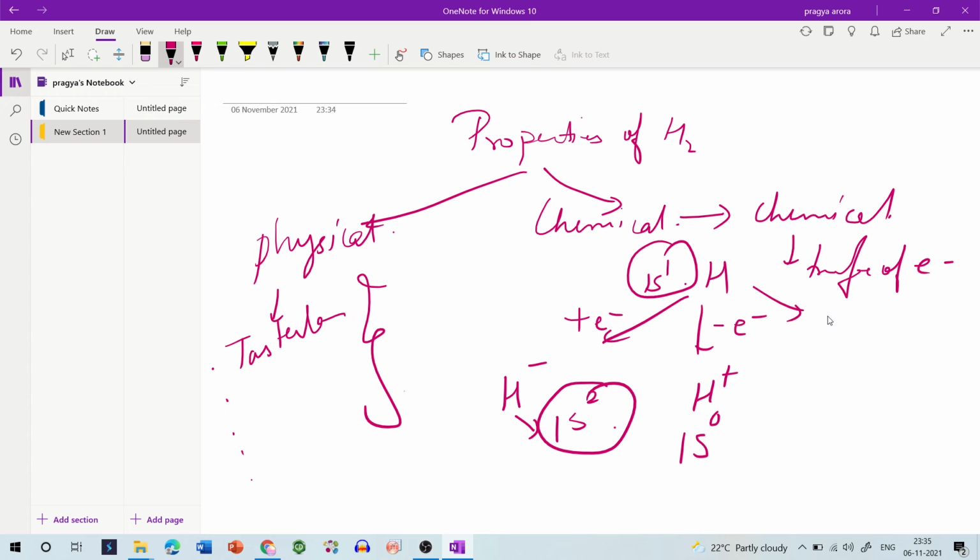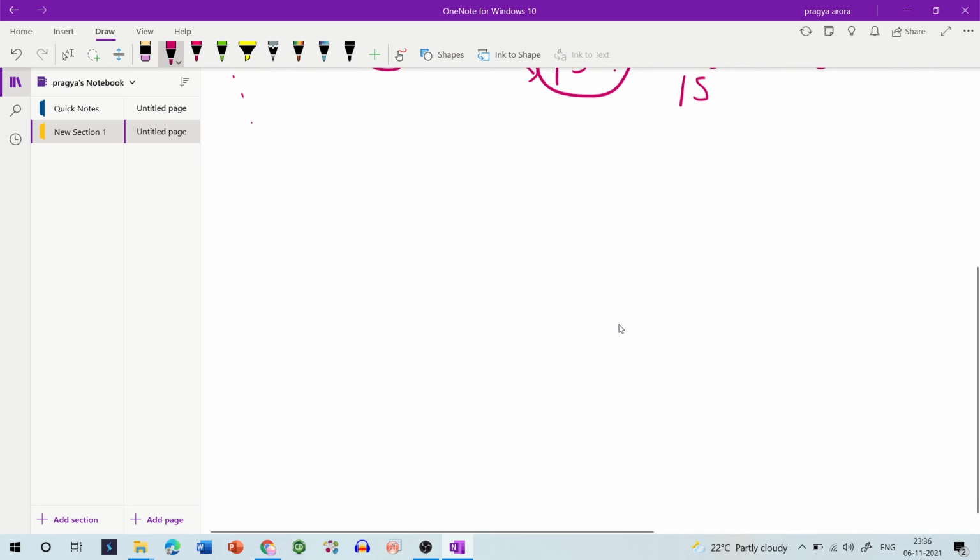Or it can share its one electron with any element that has an electron to share, forming a covalent bond. So there are three ways in which hydrogen can react, and starting with, we discussed how it reacts with halogens.